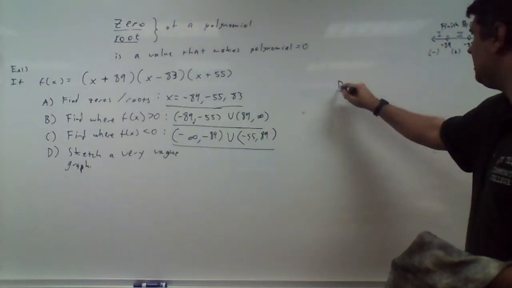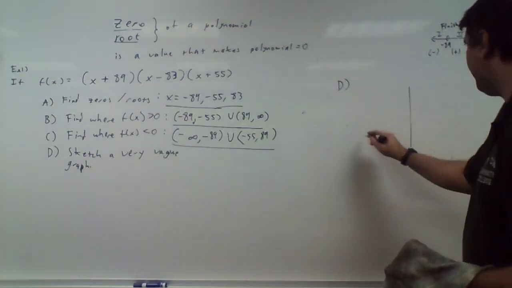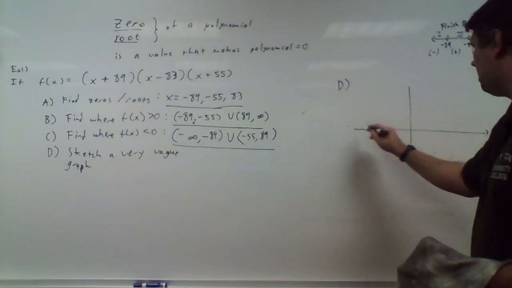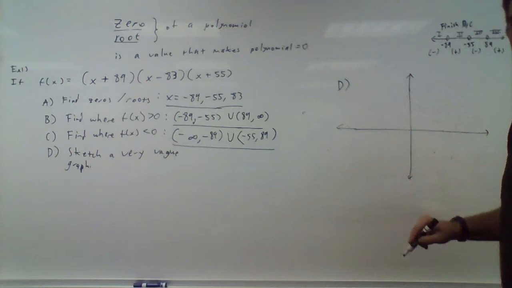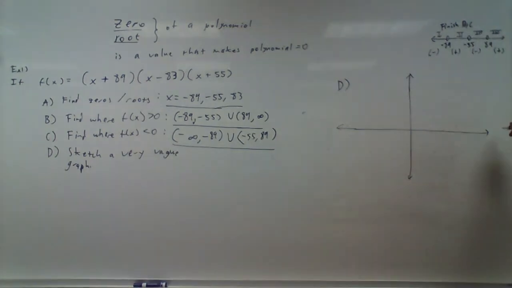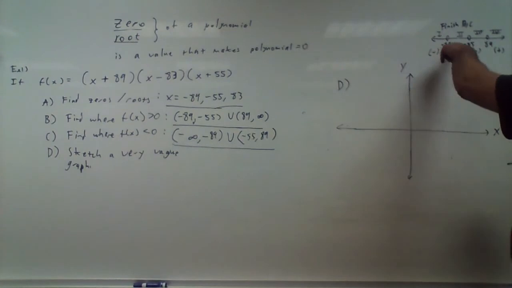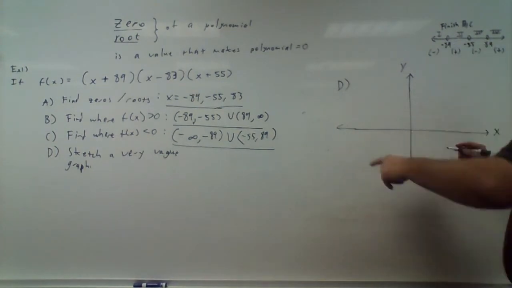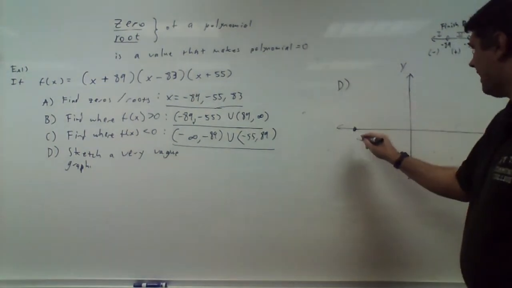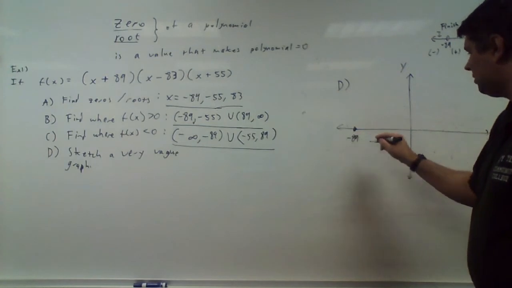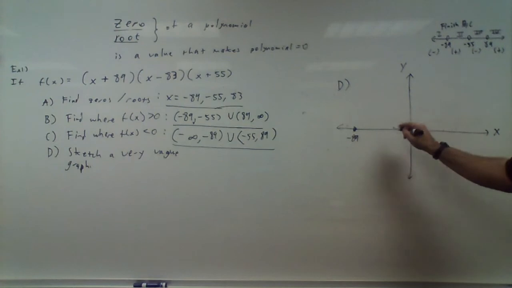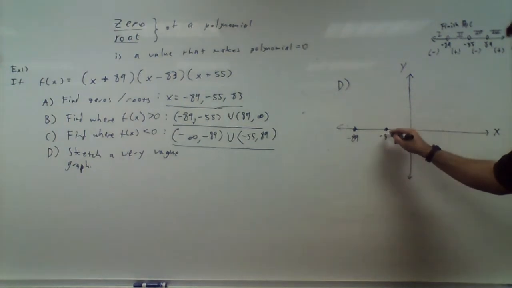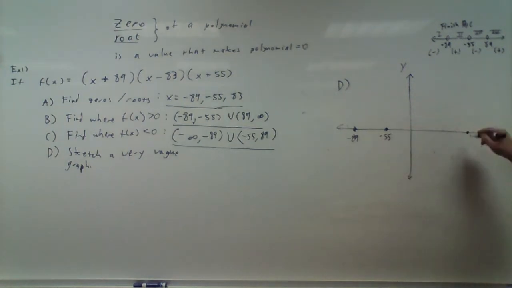So to do D, all we need is a coordinate grid. Well, not really a coordinate grid, just a couple of axes. Okay, where this represents X and this represents Y. We need to plot the 3 zeros as x-intercepts, because that's what they are. The curve will cross or touch those 3 values, negative 89, negative 55, and 89.